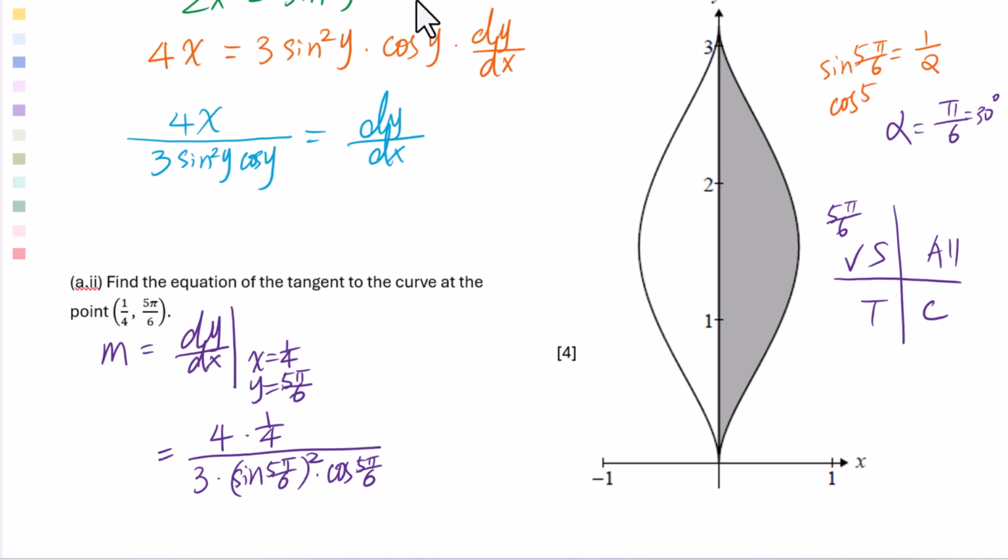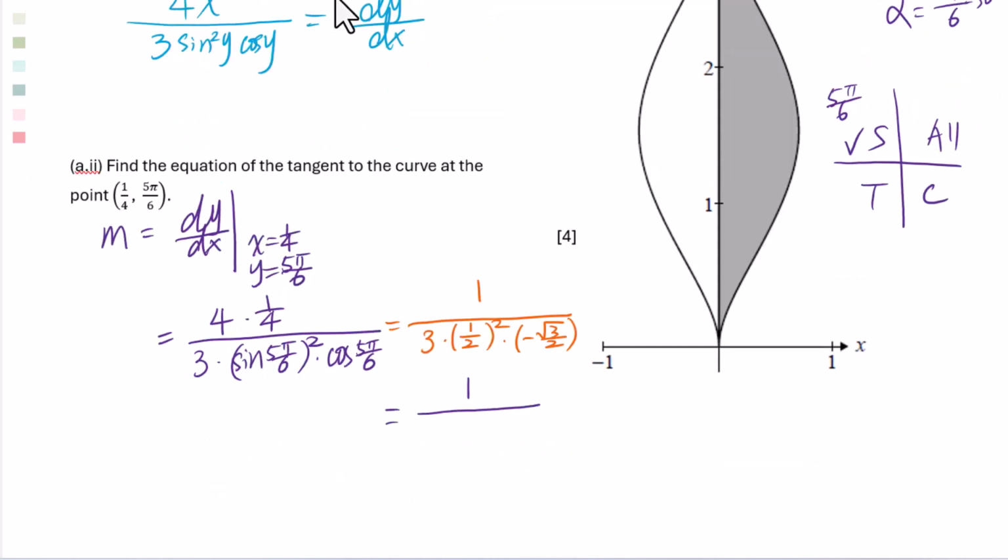Cosine 5 pi over 6 equals negative square root of 3 over 2, because cosine in the second quadrant is negative. That equals 1 over 3 times 1 over 2 squared times negative square root of 3 over 2.